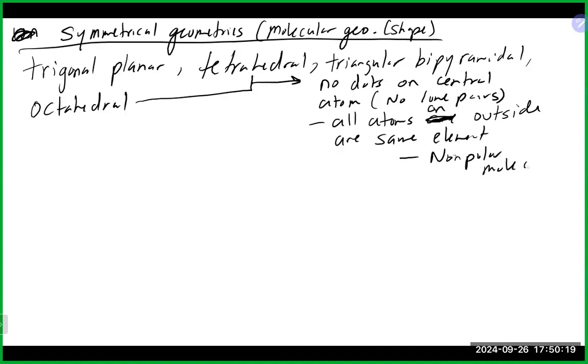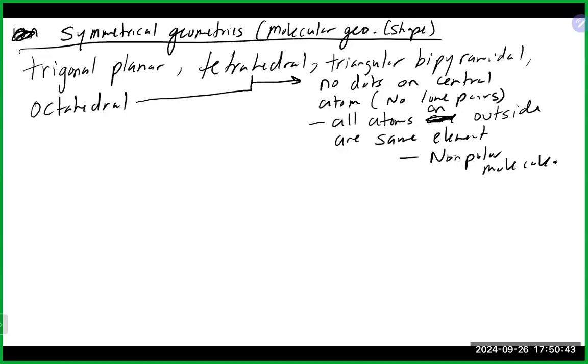And that is because you'll have all the same elements on the outside. They're all going to pull equally, and they're all arranged equal distance from each other or in equal and opposite directions. So again, it's like everybody pulling on a rope equally in opposite directions. They will cancel each other out, and you'll end up with a nonpolar molecule.